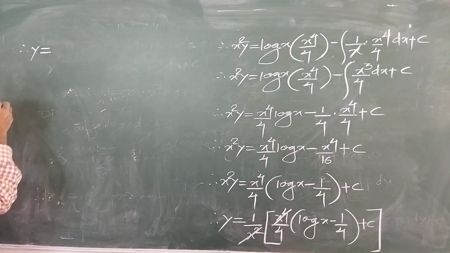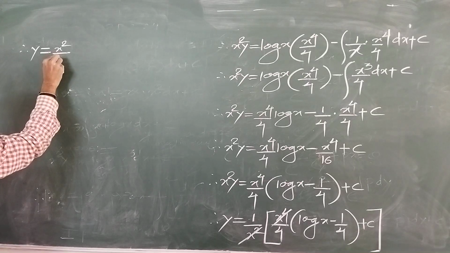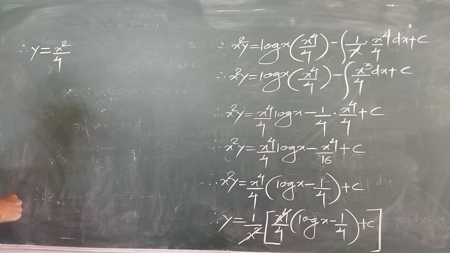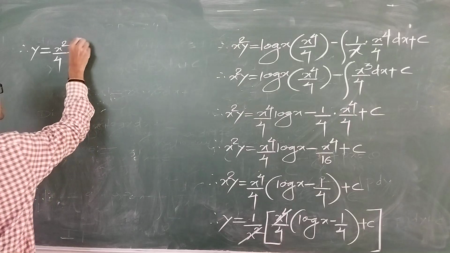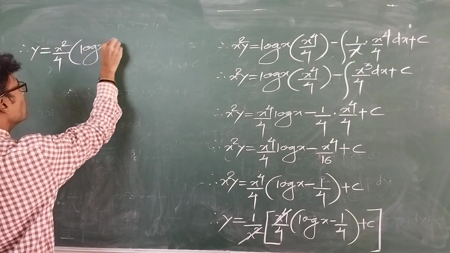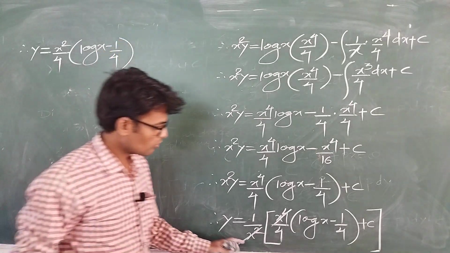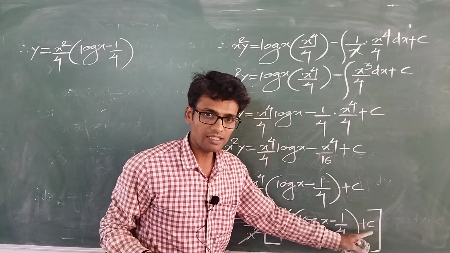So you will get x square divided by 4 log x minus 1 by 4. Next this 1 by x square is also multiplied with the c.